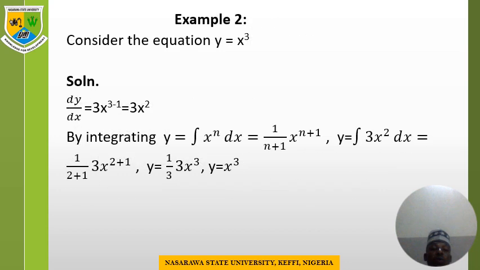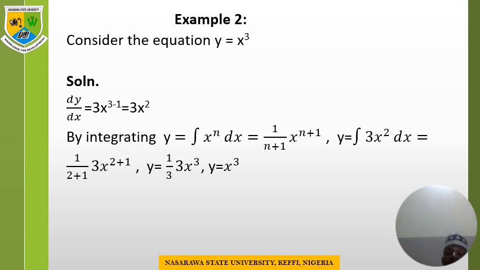Consider y equals x raised to power 3. This is our second example. First, you have to differentiate this: dy over dx is equal to 3x raised to power 3 minus 1, which is equal to 3x raised to power 2.